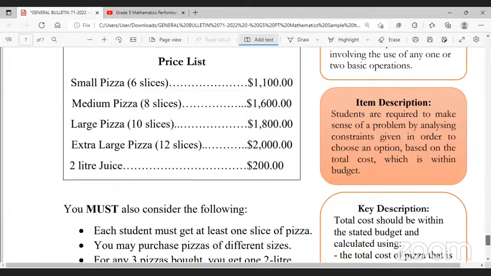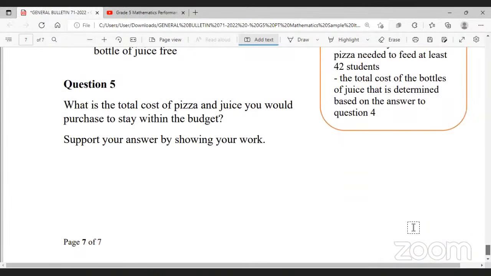So based on my working out in part 1, I knew that 3 large pizzas will give me 30 slices. So I'm going to go ahead and purchase 3 large pizzas first. So I'm going to say 3 large pizzas.